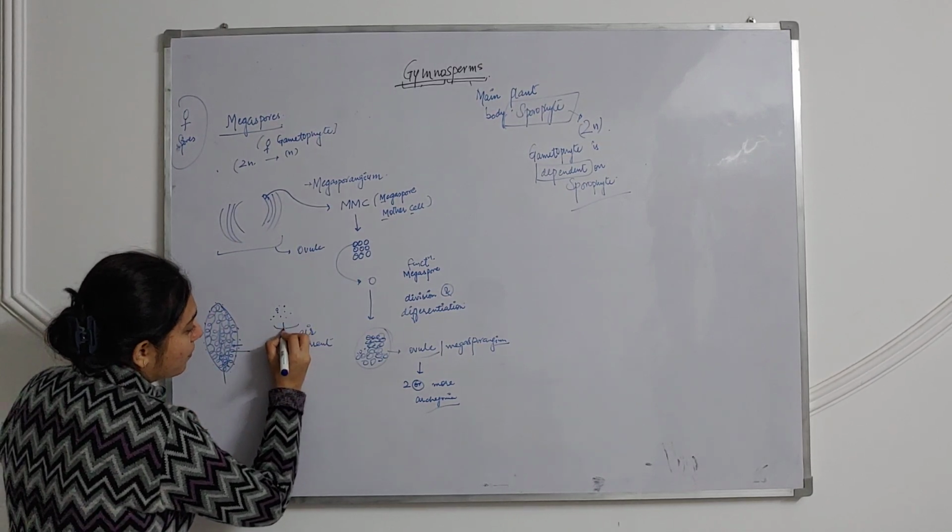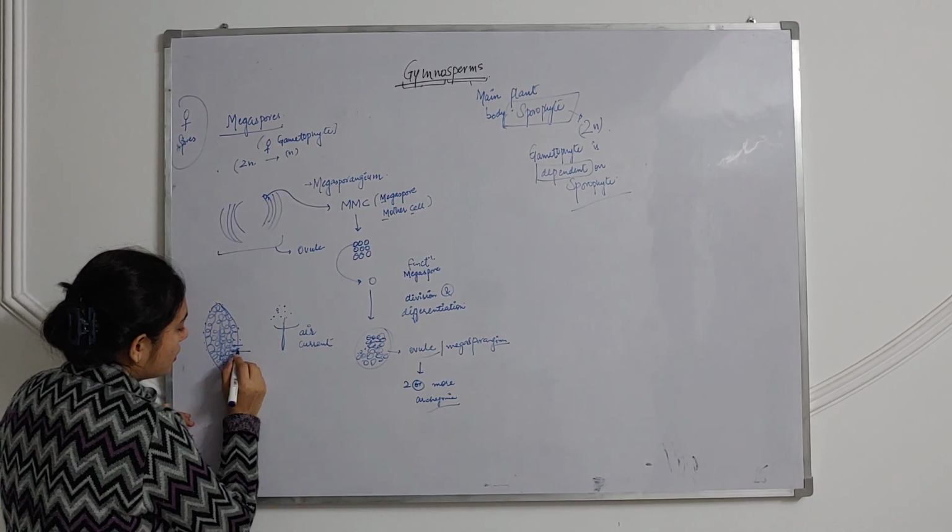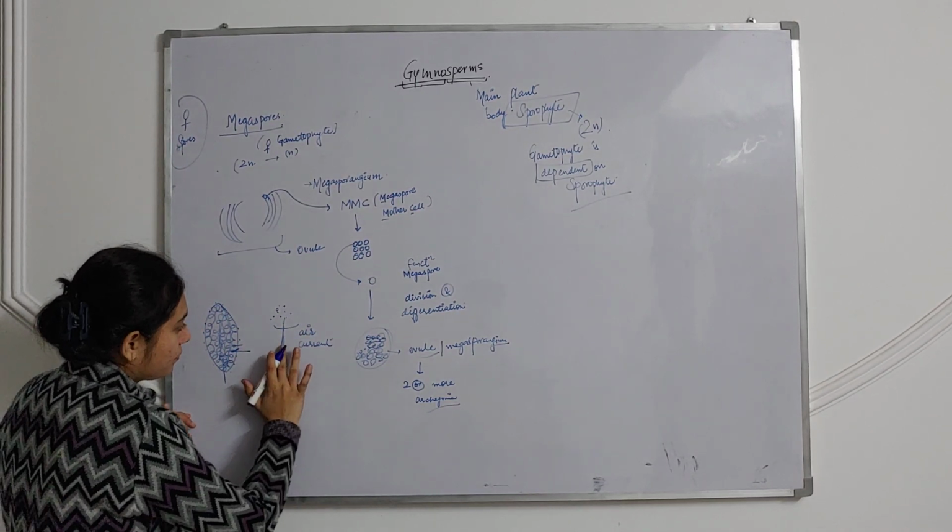With the development of pollen tubes, they reach the ovule.